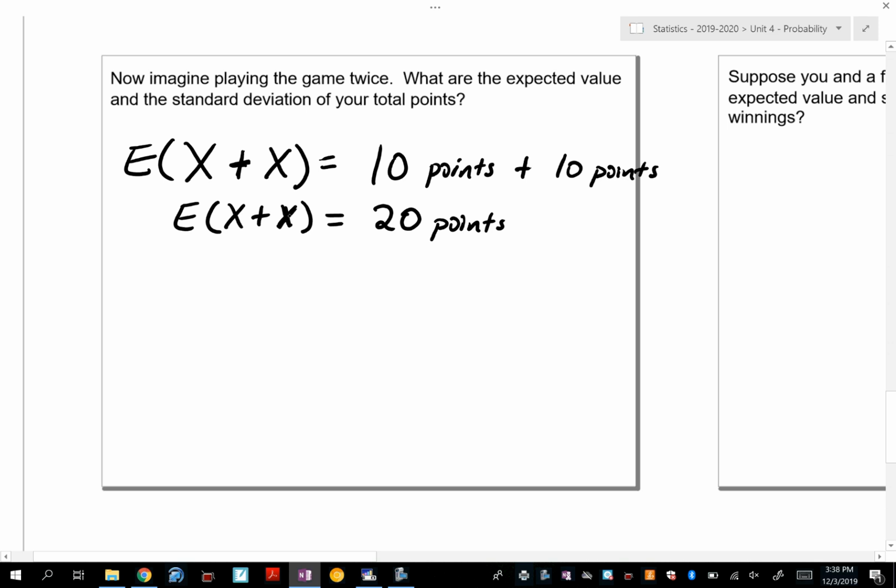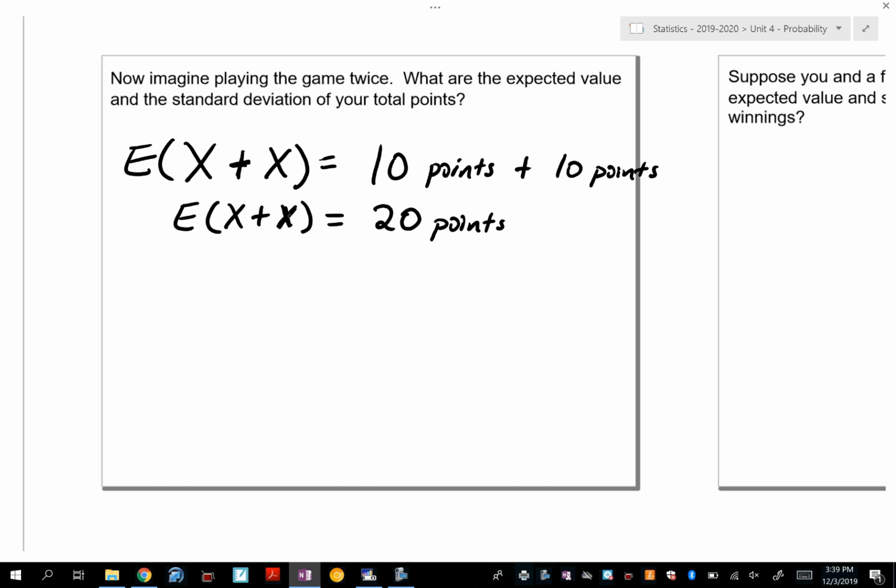Now you'll notice when I'm writing my notation, I'm not writing this as 2x because it's different. Playing the game twice is different than doubling the points for one play. I know you're thinking back to algebra, you'd put these together up here, but don't do that in statistics. Leave that notation separate.